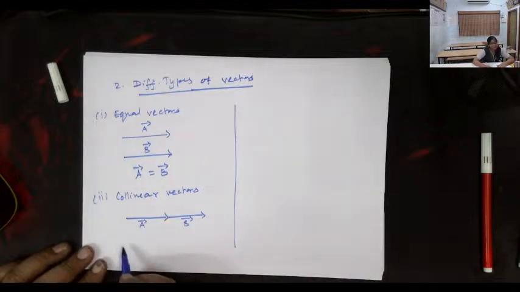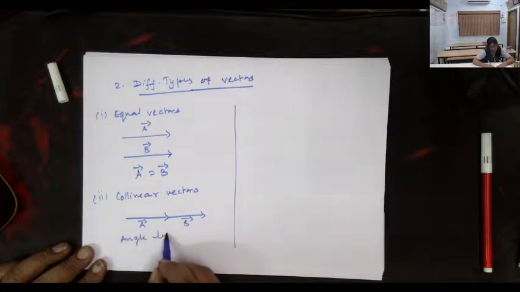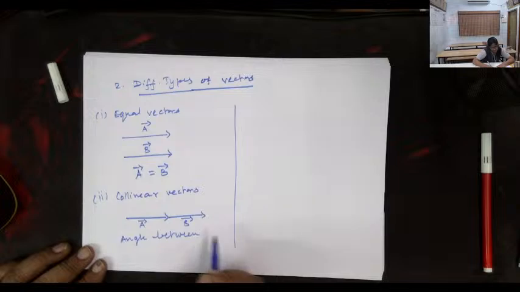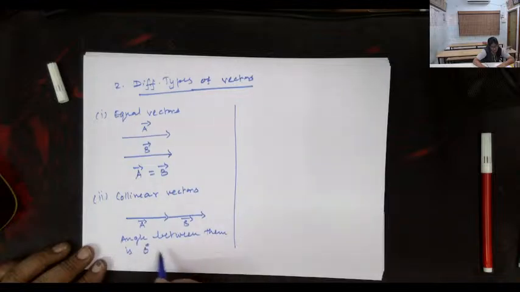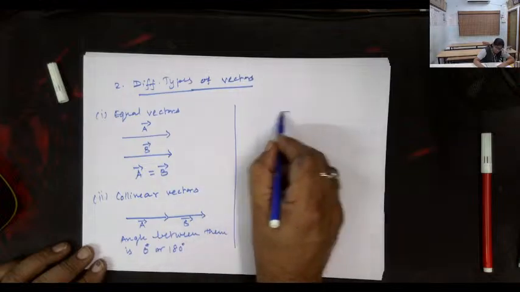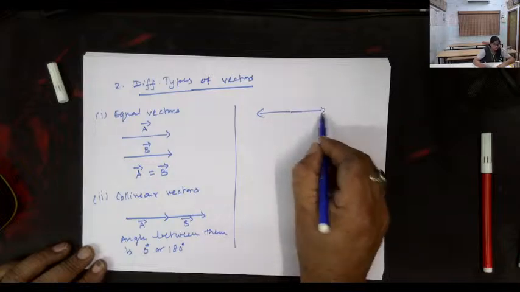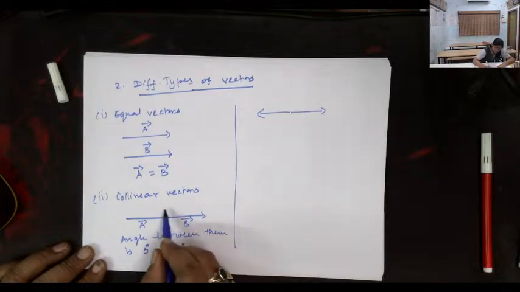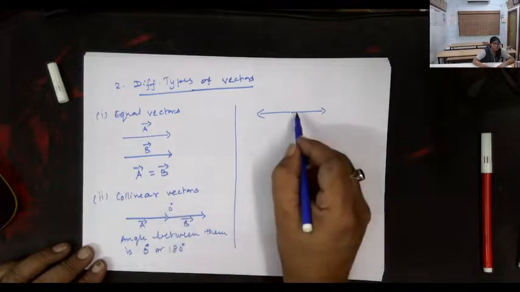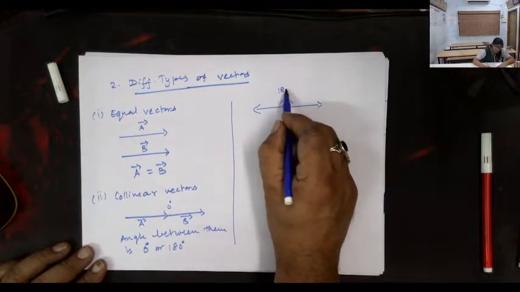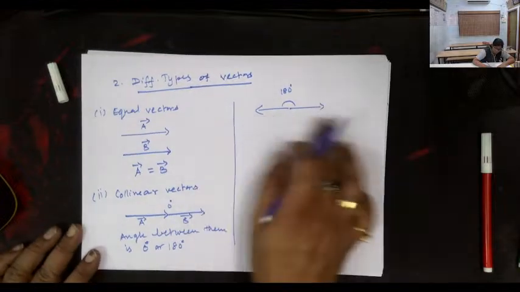It means the angle between these two vectors is either 0 degree or 180 degree. It means it can be like this also. In this case, this is 0 degree. Here it is 180 degree. They are collinear but opposite.